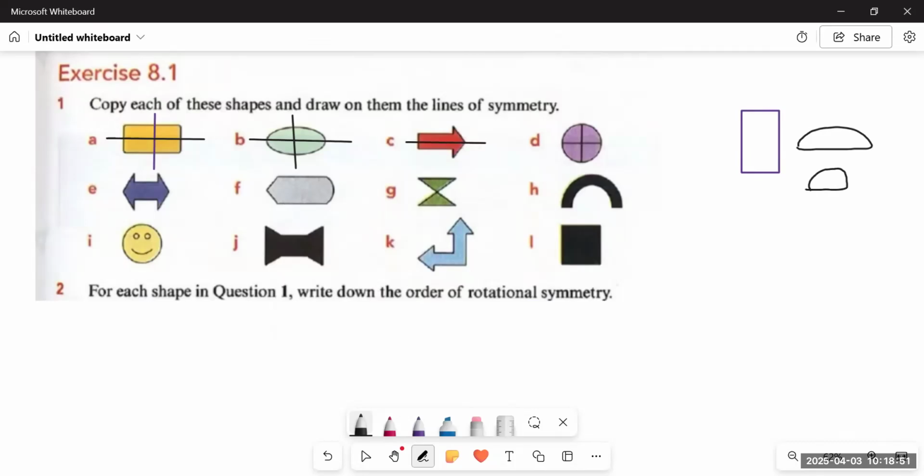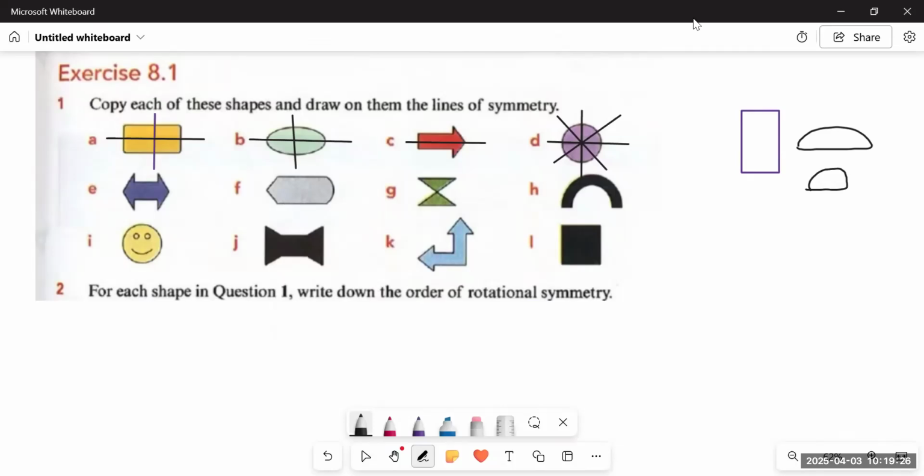Similarly, for part D, we have one line of symmetry, then two lines of symmetry. Basically, we already have two lines of symmetry in this, but we can draw a few more, 3, 4, and in this way, we can draw unlimited lines of symmetry.